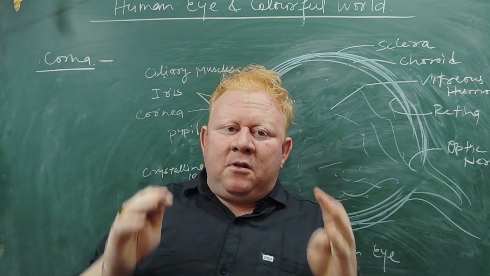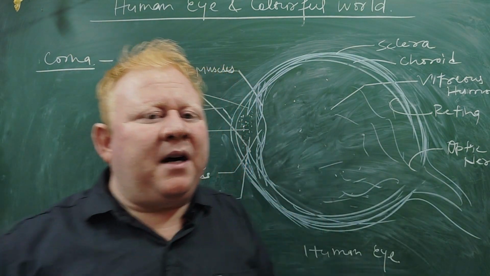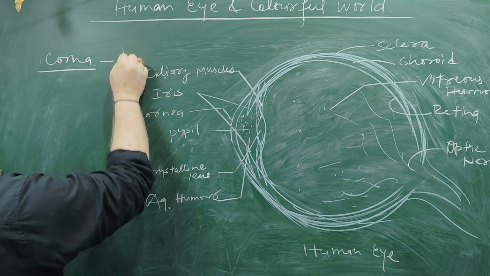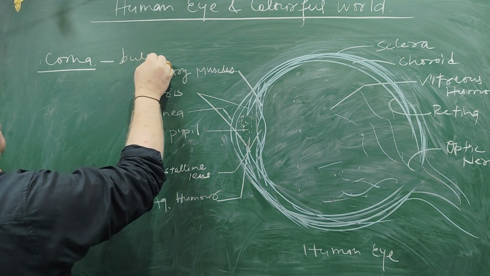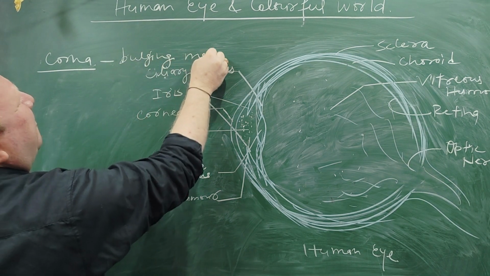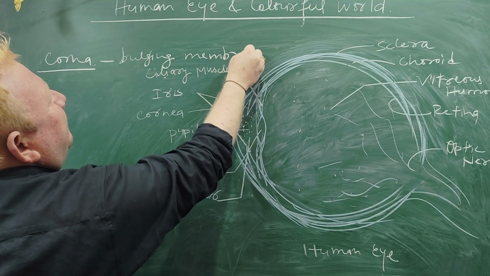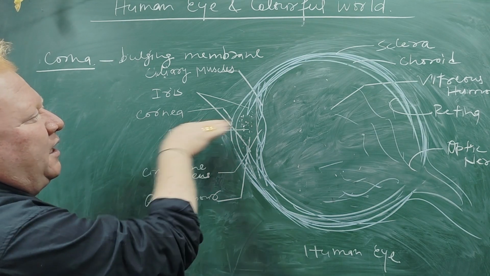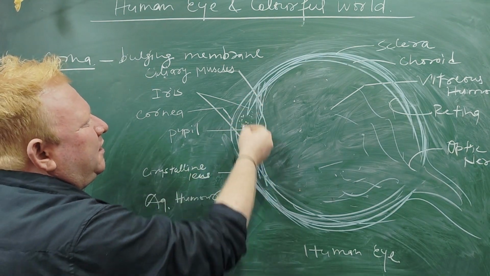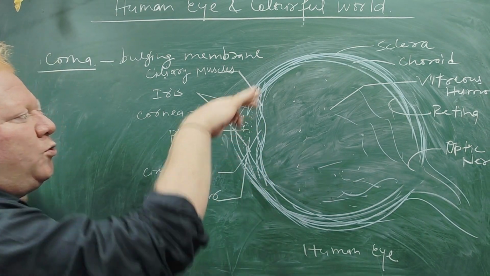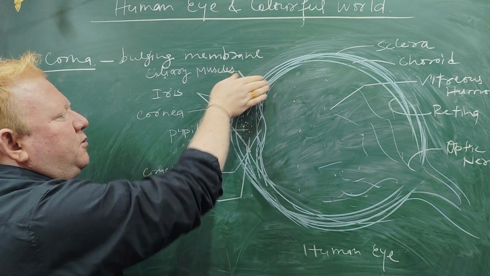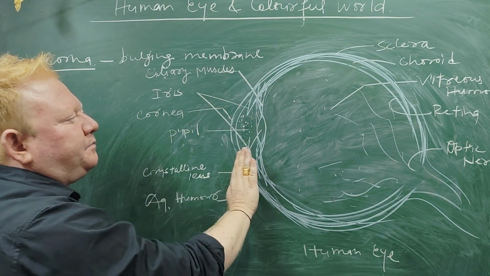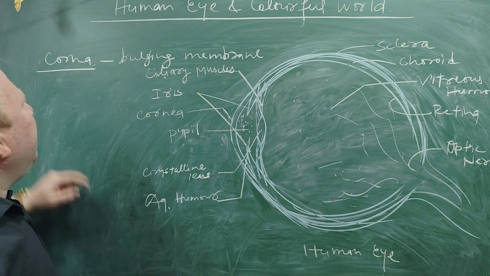It is the outermost transparent bulging part, the bulging membrane. Light enters through the cornea. You see, this is the outermost, the bulging structure that sticks out like a beak. This is called cornea.